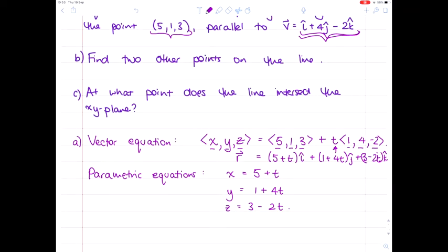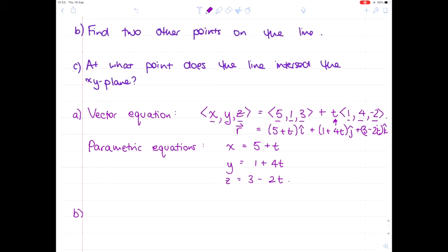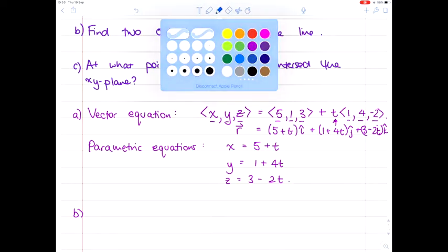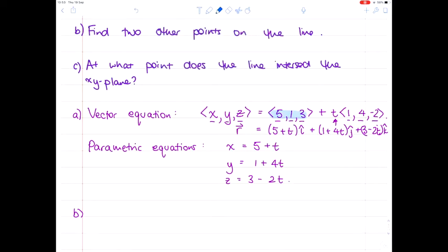So the next part of the question asks us to find two other points on the line. We know that to find any point on the line, we start at the point 5, 1, 3, and then we add some scalar multiple of the direction vector.